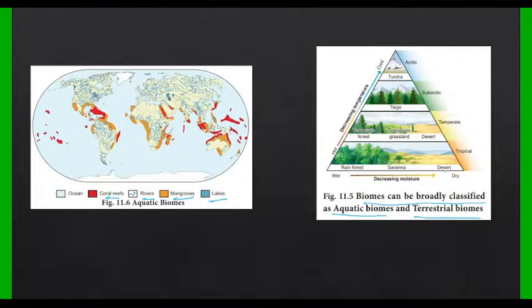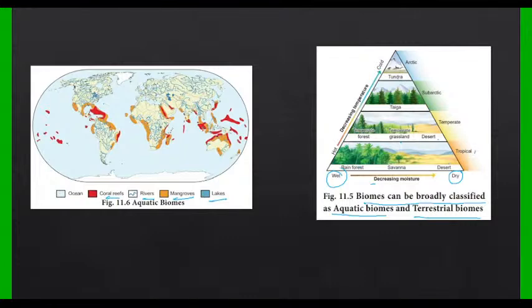Look at here, from wet to dry, so decreasing moisture: rainforest, savanna, desert. Temperate forest, temperate grassland, desert. Taiga, tundra.